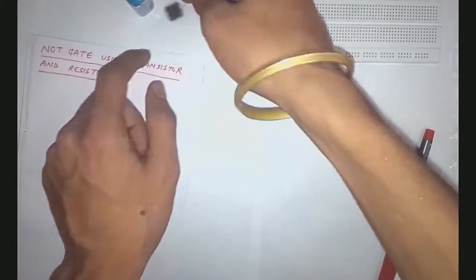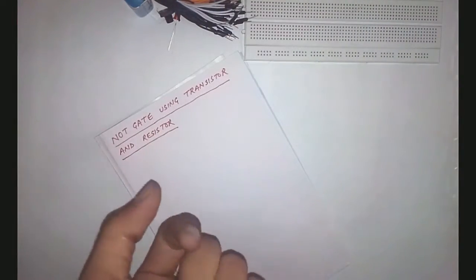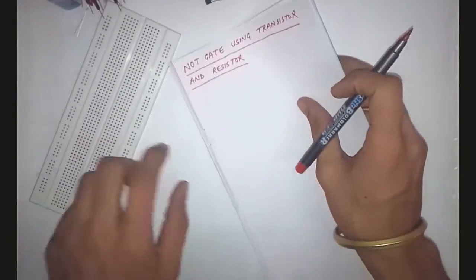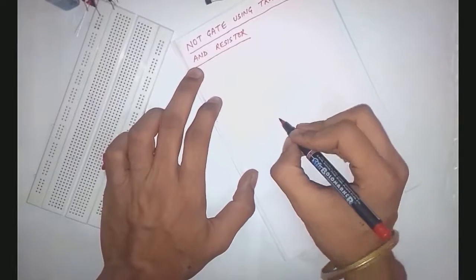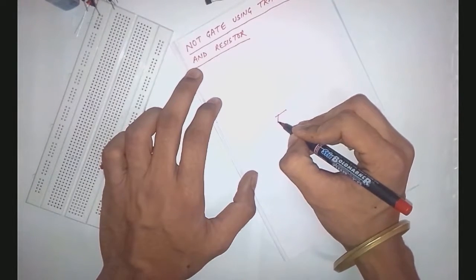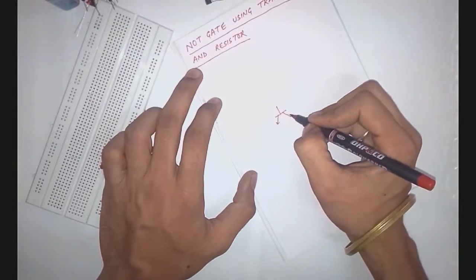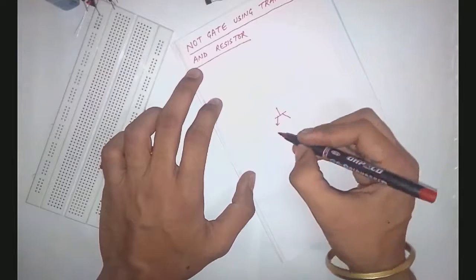Here are all the components. As I'm drawing the circuit diagram, firstly we draw the NPN transistor. This is the emitter, collector, and this is the base.